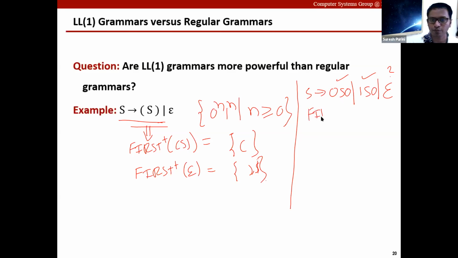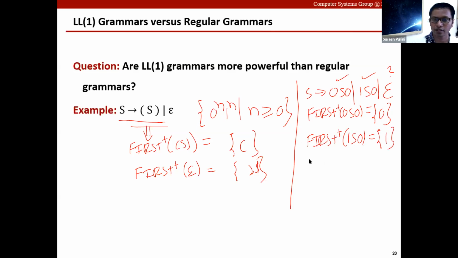So what is first plus of S goes to 0S0? It is 0. First plus of S goes to 1S0 is 1.